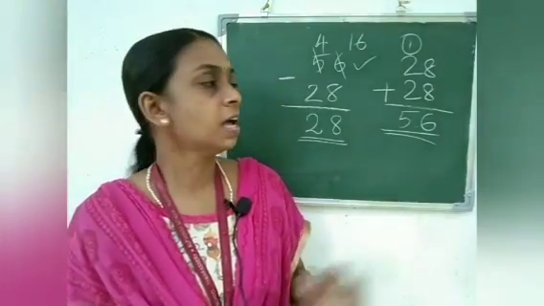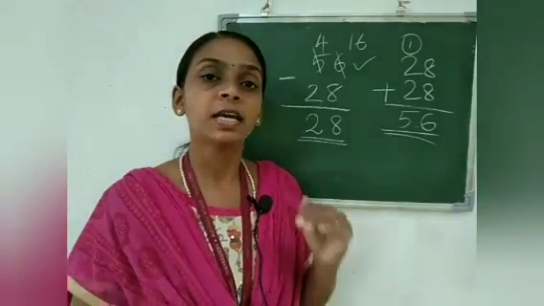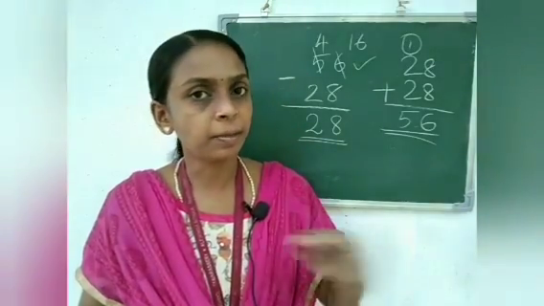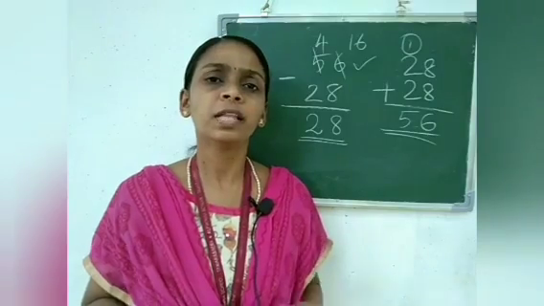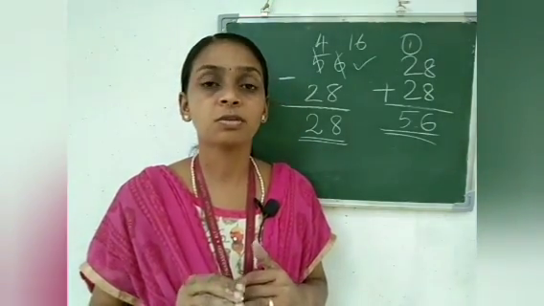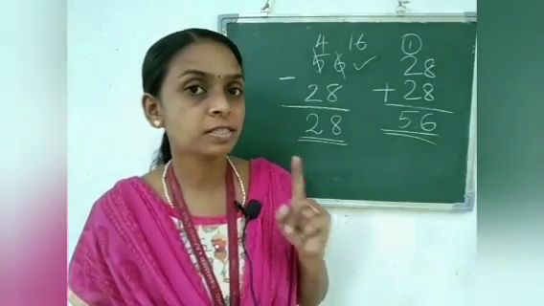So addition and subtraction are related problems. If we have a subtraction problem and after completing it we have a little confusion whether our answer is correct or not, how do we check? By doing this type of addition.